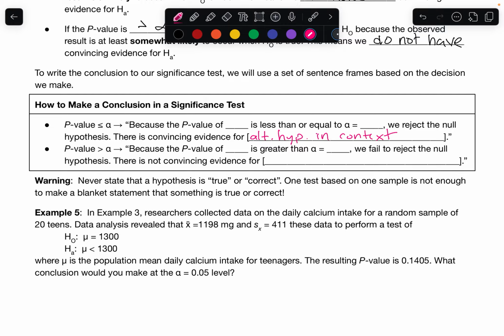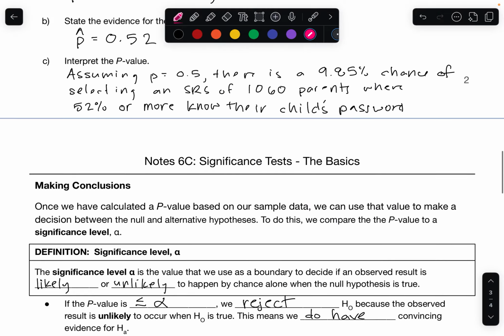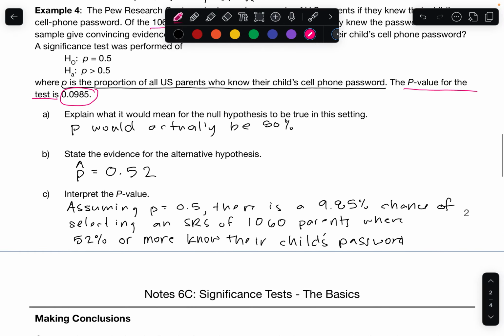So there is convincing evidence for the claim that the population proportion of parents who know their students' cell phone password is greater than 0.5.